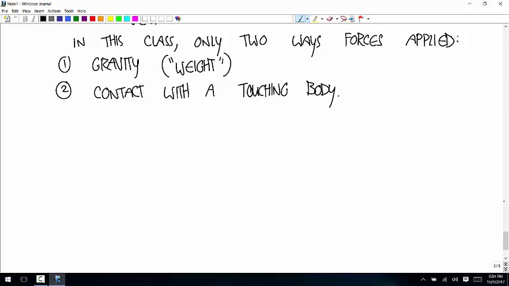So we've been talking about vectors and how to express vectors as components.